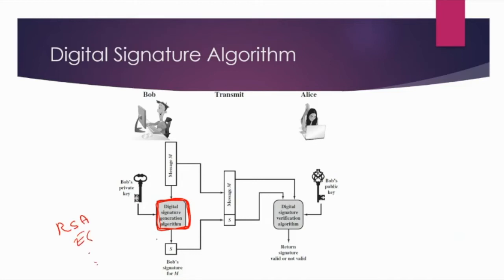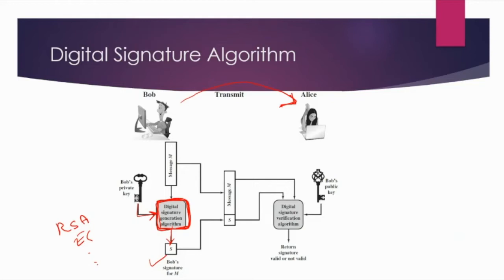What you have to do is give the message as an input to the digital signature generation algorithm, along with Bob's private key, if Bob would like to send the message to Alice. Bob's private key and the message go as input to the digital signature generation algorithm, and the output is what we call Bob's signature.